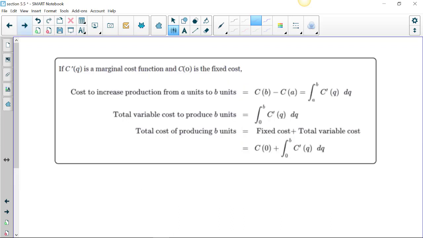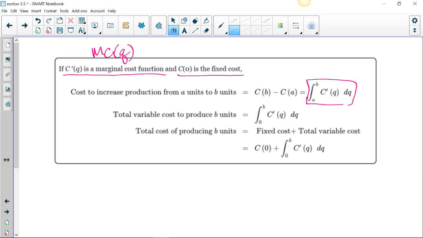Okay, so let's summarize some things here. If C of Q is my marginal cost function, or remember sometimes we saw MC of Q for marginal cost, and C of 0 is the fixed cost, then we know the cost to increase production from A to B units is given by this definite integral.